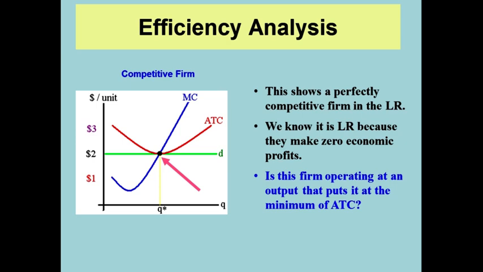Well, look at the point where the firm is operating. They're operating right there at Q star, and I've got my pink arrow that's pointed to the intersection. And do we agree? Yes, this firm is operating on its minimum average total cost, so yes, it is productively efficient. So what we've just learned is competitive firms are productively efficient.